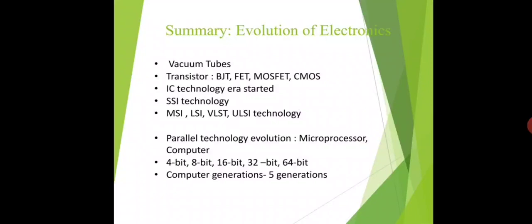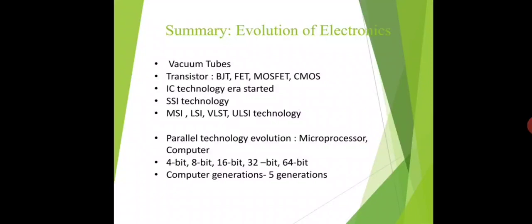So what changed? 80286 was 16-bit, then 80386 was introduced, that was a 32-bit processor, then 64-bit processors. Like this, microprocessor technology also changed, and this microprocessor was used as a CPU in different computers. So computer generations also evolved in parallel because of this evolution of electronics in microprocessor technology.